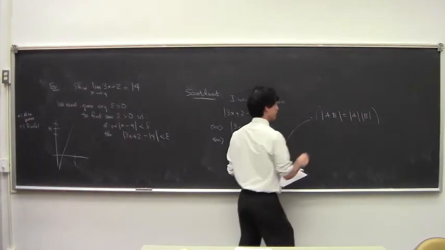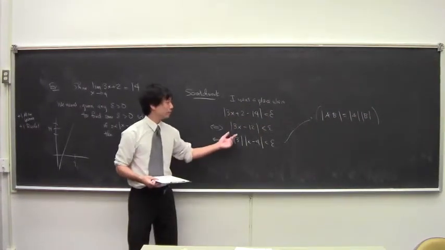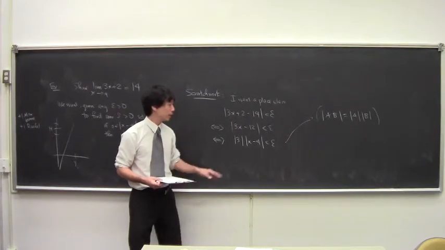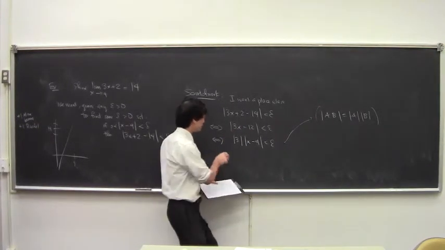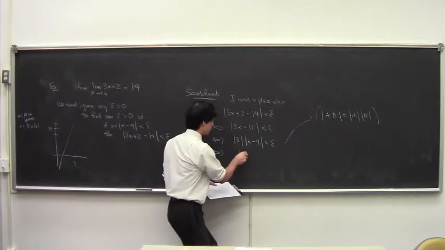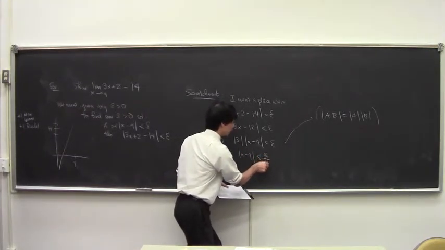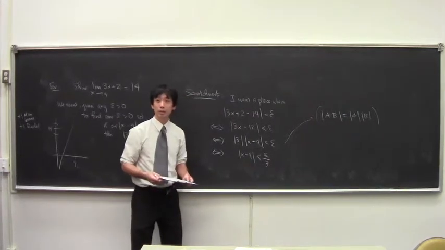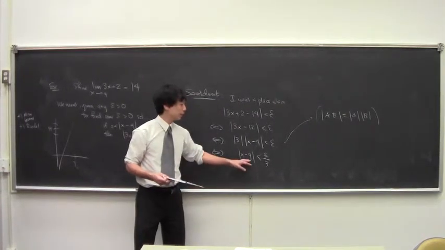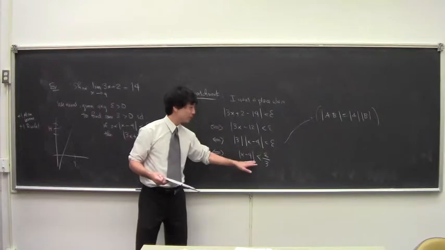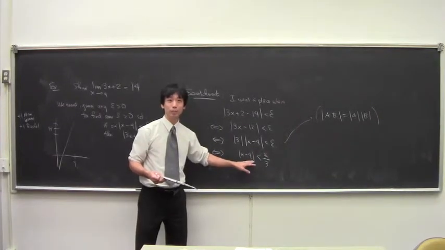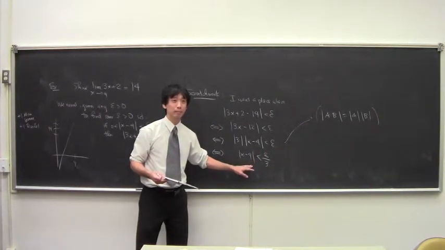That's what we're using here. So what's that equivalent to? That's the same thing as saying that the distance of x from 4 must be smaller than epsilon over 3.